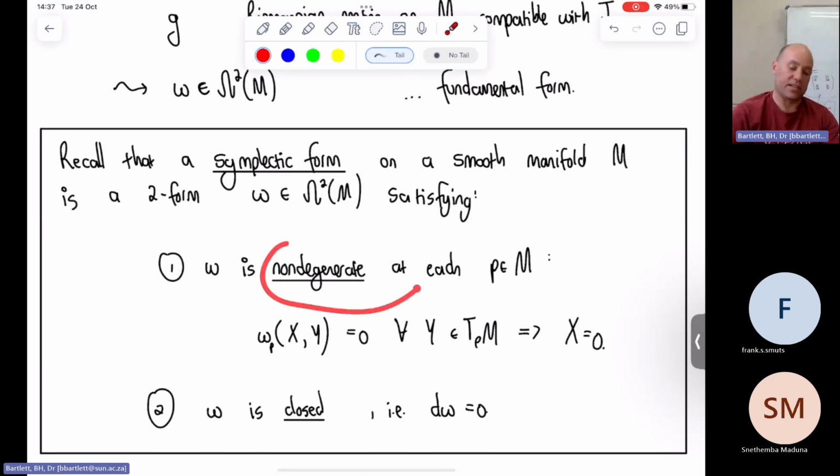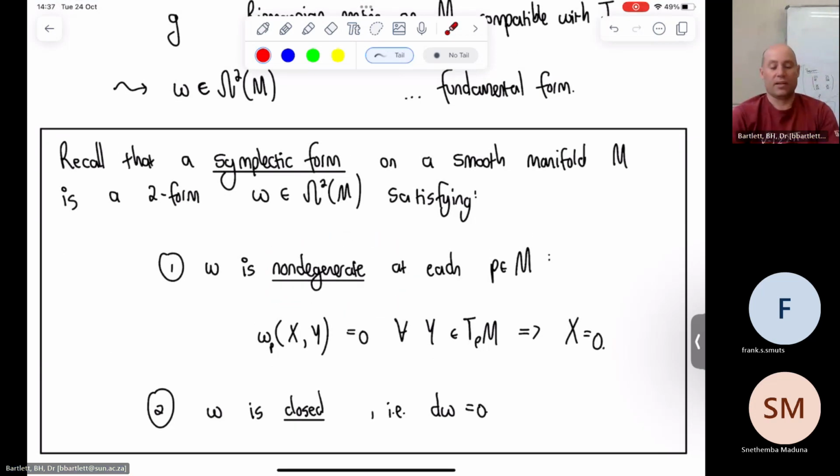Firstly, it has to be non-degenerate at each point. What does that mean? It means that if I consider it as a machine which takes in two tangent vectors and spits out a number, then that machine, when applied to x comma y, is 0 for all y if and only if x is 0. Right? That's the non-degeneracy condition.